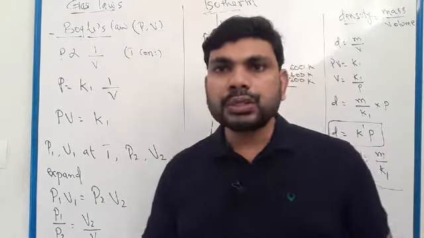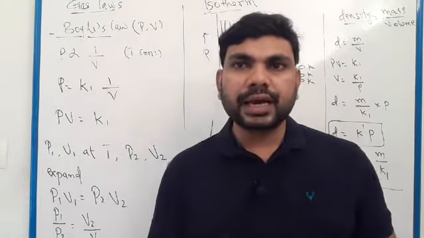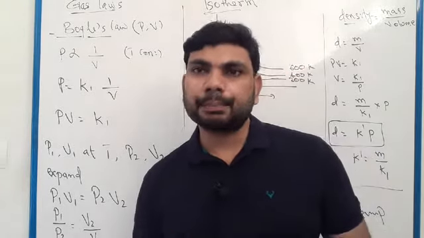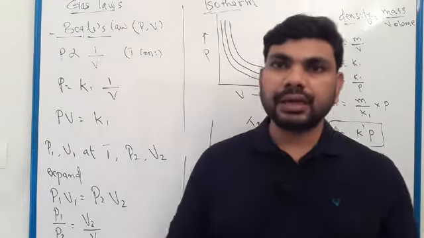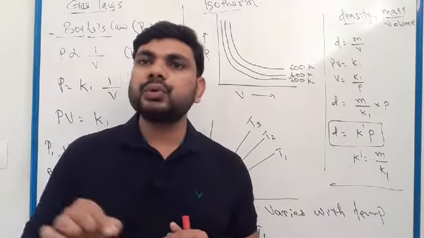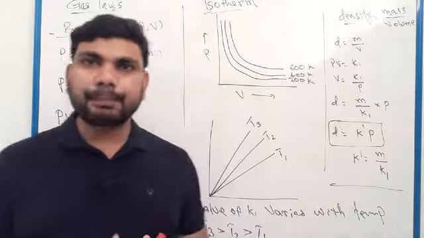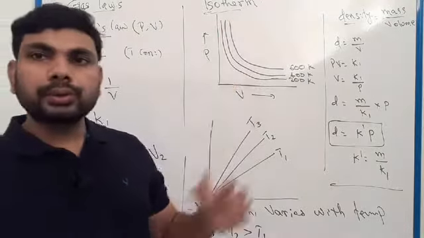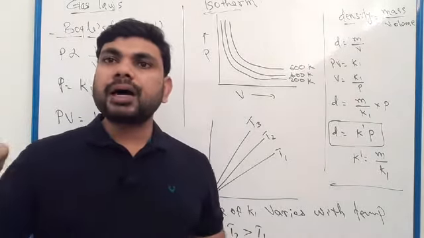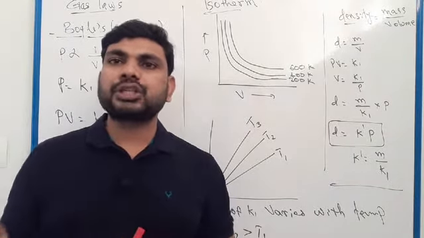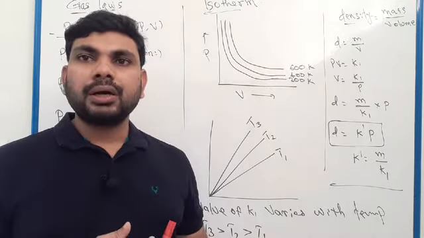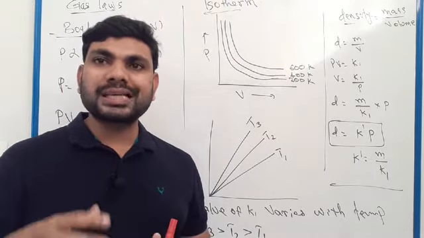According to Boyle's law, the pressure of a given mass of gas is inversely proportional to volume at constant temperature. We can draw this graphically. In Boyle's law we use constant temperature, which we call isotherm. Isobar means constant pressure, from bar, related to pressure, like barometer. Isochor means constant volume.